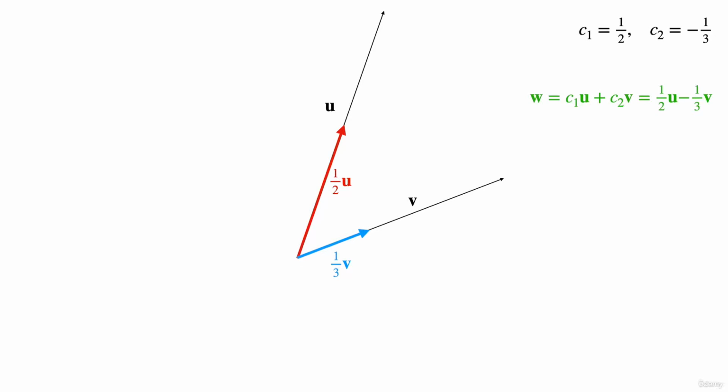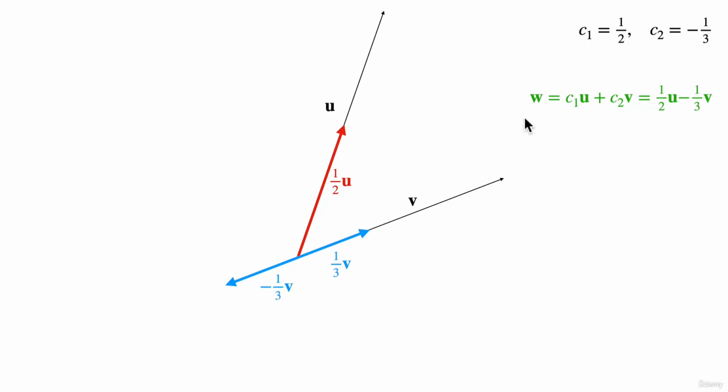And now it is also possible to take negative coefficients. So let's take this example when C1 is equal to 1/2 and C2 is negative 1/3. So negative 1/3 V will be exactly as long as 1/3 V, but we look in the opposite direction.